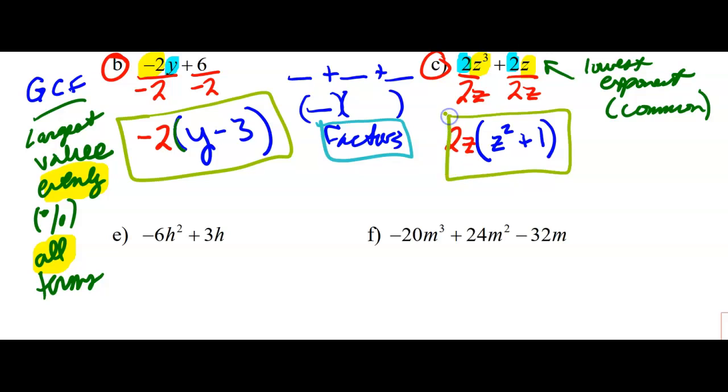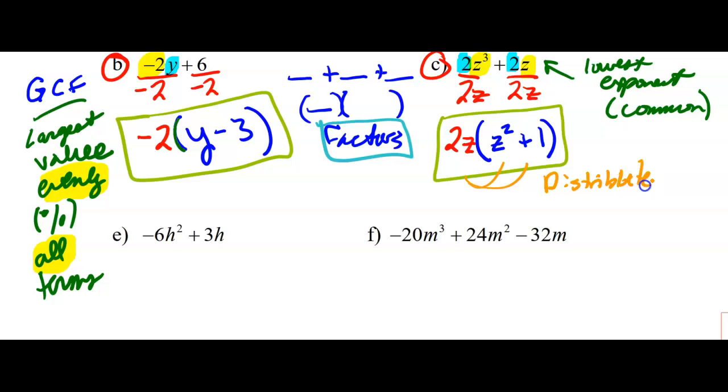If I multiply this back out, so I take this 2 and distribute it back through to check, I should get back to what I started with. Okay?